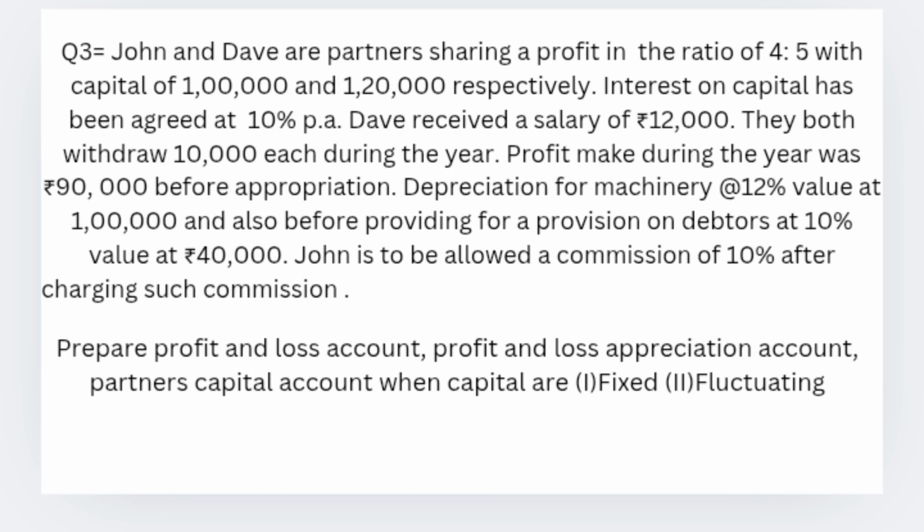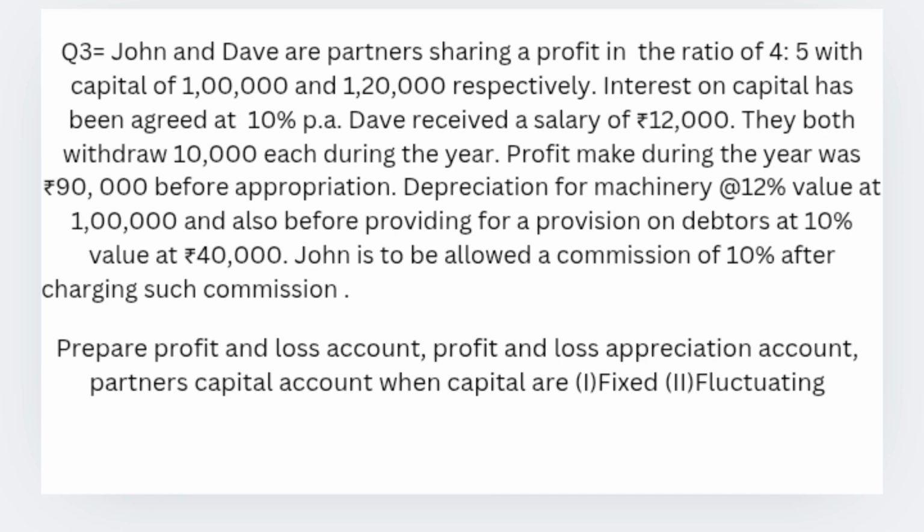Profit made during the year was 90,000 before appropriation. So this one will go to profit and loss account. Depreciation for machinery at the rate 12% valued at 1 lakh.